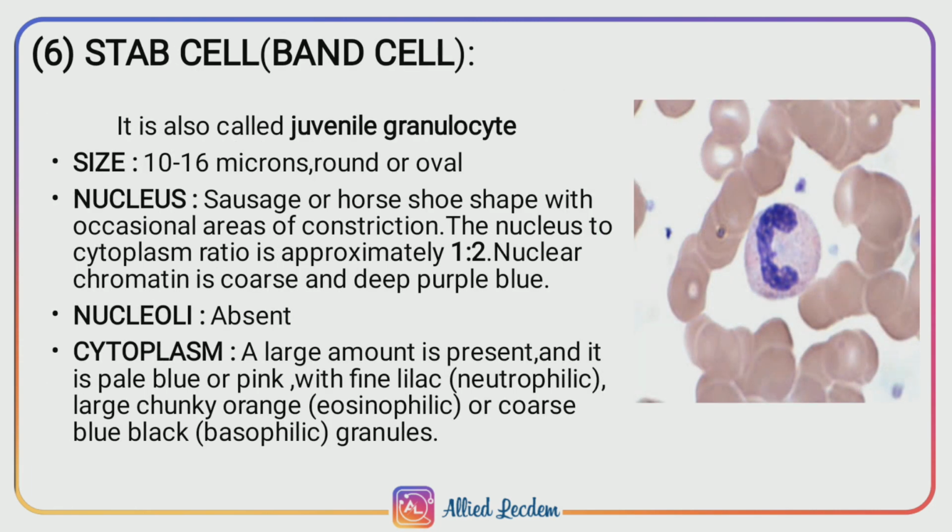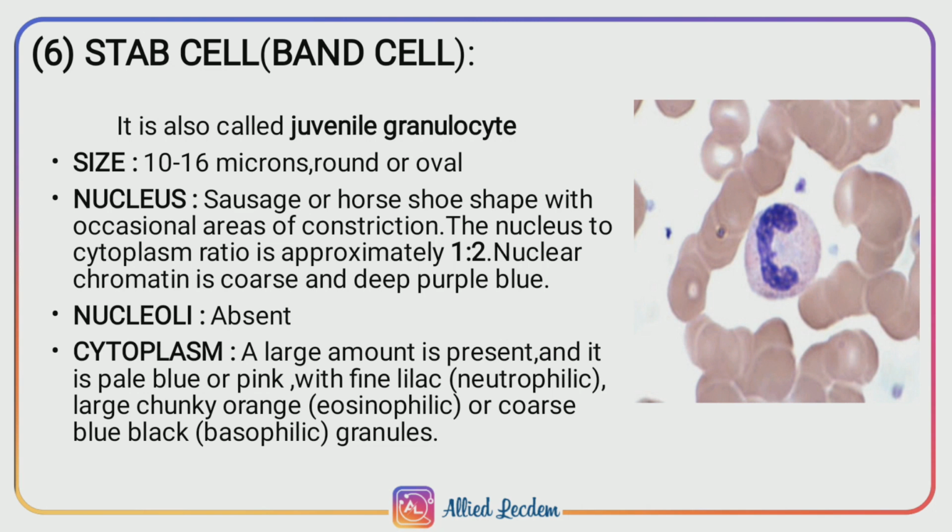Stab cell or band cell. It is also called juvenile granulocyte. The size of the cell is from 10 to 16 microns and it is round or oval shaped.